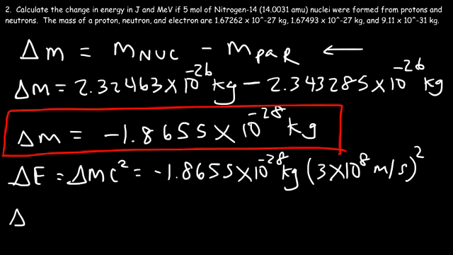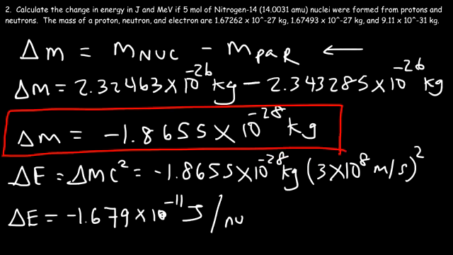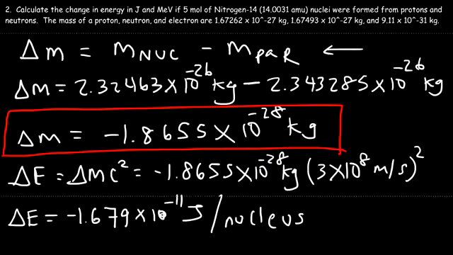And so the change in energy is negative 1.679 times 10 to the negative 11 joules. And this is per nucleus. So that's how much energy is released if only one nucleus is formed.